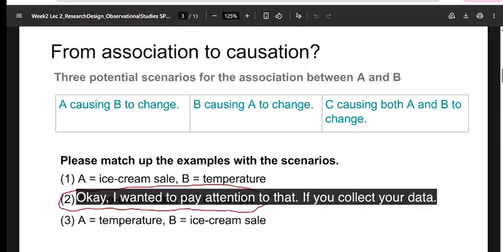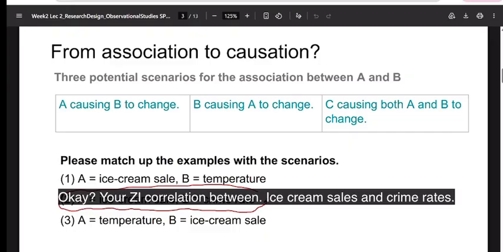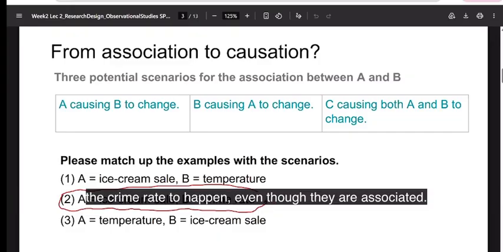If you collect your data on ice cream sales and crime rates, and you observe that there's high correlation between ice cream sales and crime rates, you cannot conclude that ice cream sales actually cause the crime rate to happen, even though they are associated.